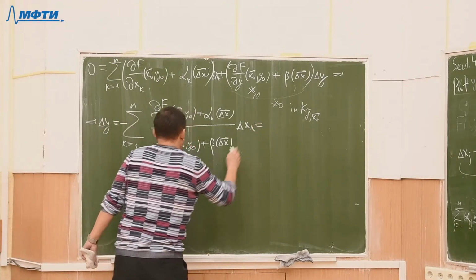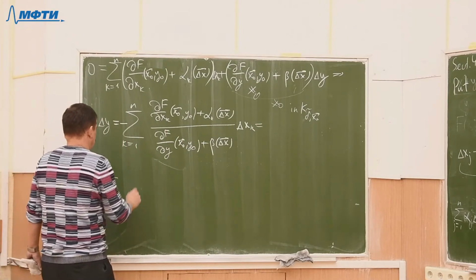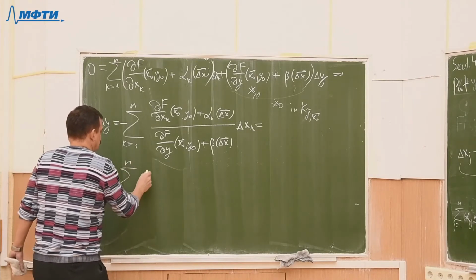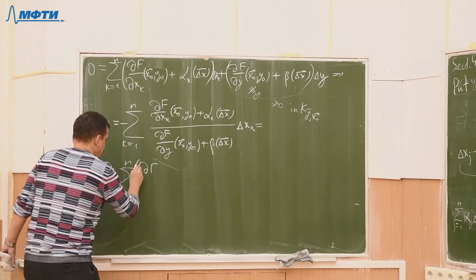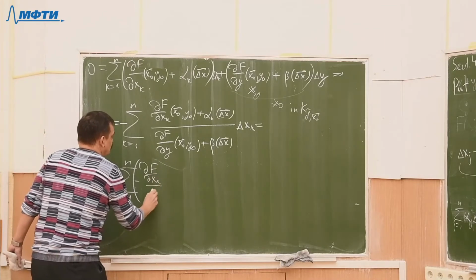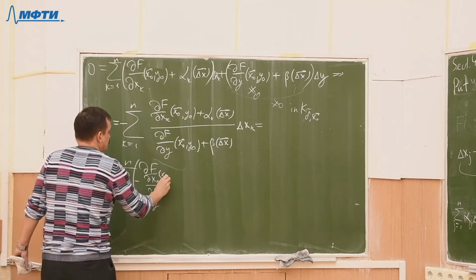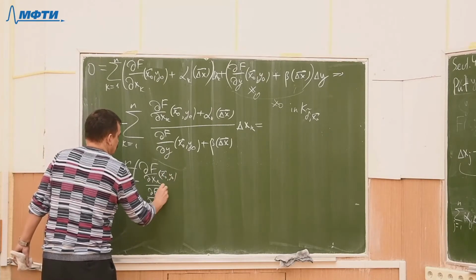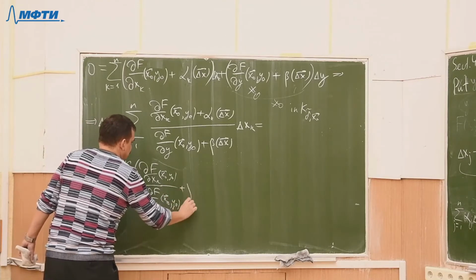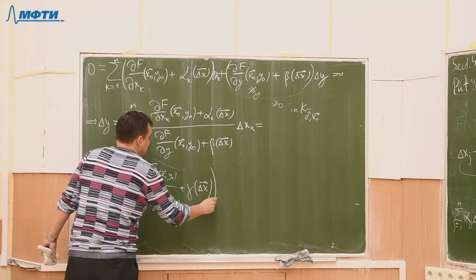And now I can rewrite this expression like that. Sum k from 1 up to n, let me put minus inside, partial derivative of xk over partial derivative of y, both at that point, plus something, gamma of delta x, times delta xk.